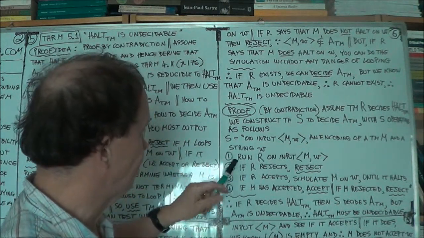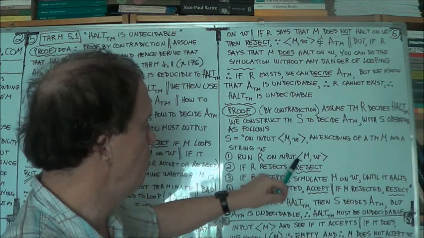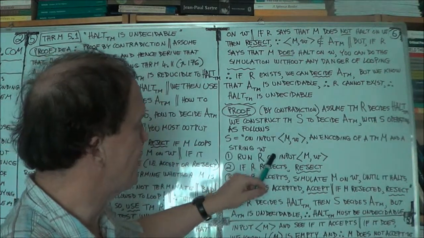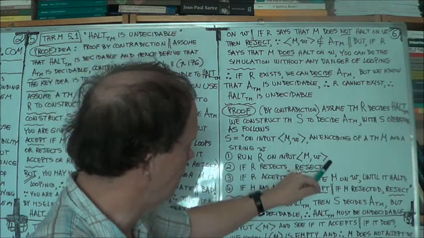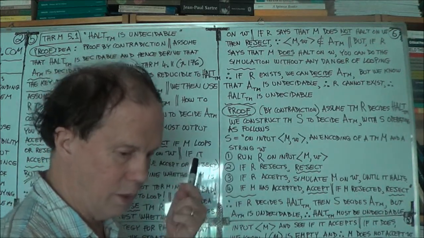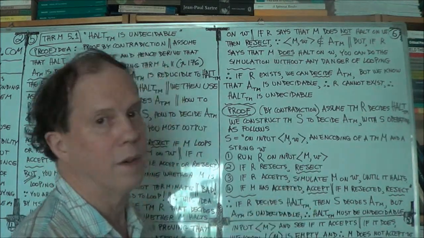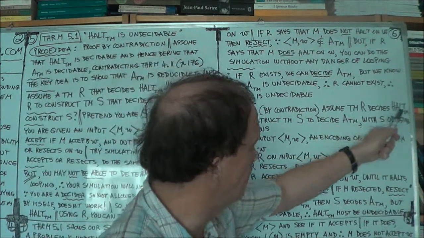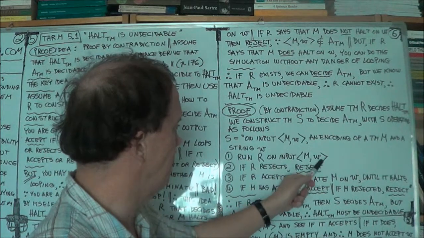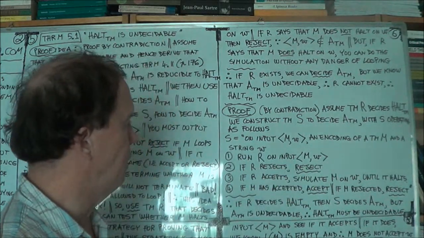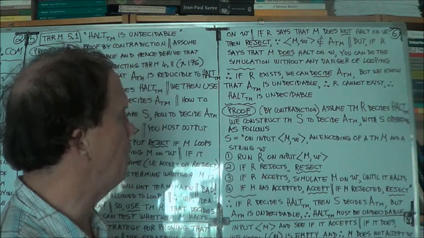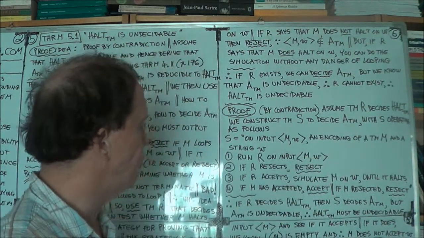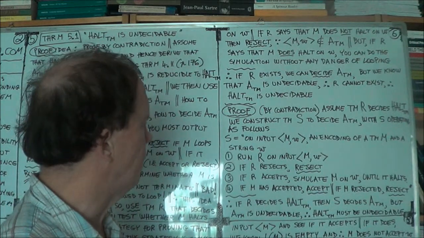So firstly, you input this ordered pair, this string, into R. Now remember, R decides. It will take this and it will accept or reject this. It won't loop because R is a decider. Wait a minute.